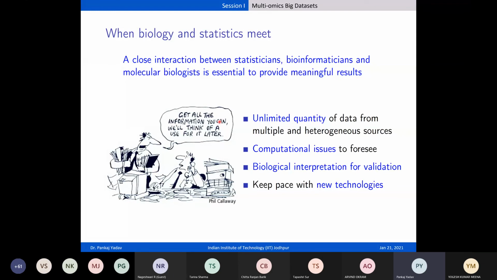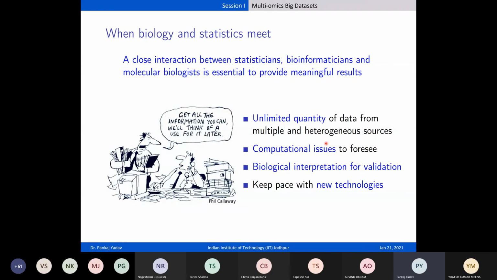So we need to have this kind of understanding, right? It is not just about compiling the data. We can have unlimited quantities of data from multiple and heterogeneous sources. I was talking about this when I said that we can have our personal sequencer. Everyone can even have their own sequencer, keep it at home, or use it for sequencing any kind of organism. That will happen in the coming time.